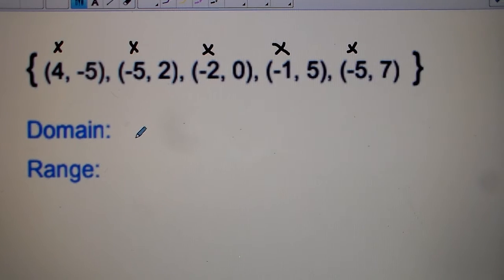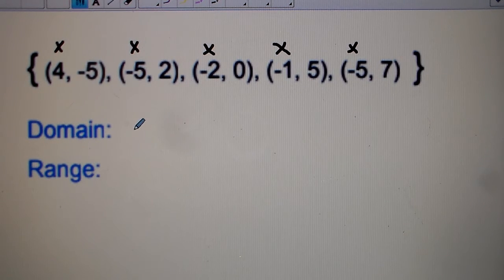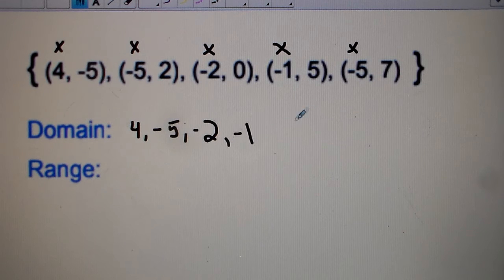So for the domain, you list them out: the numbers are 4, -5, -2, -1, and then -5 repeats itself. So that's the domain. This is the list of the x values.